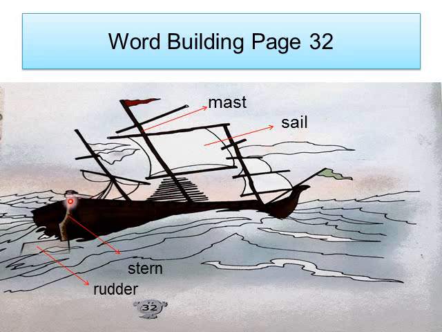Then this part of the boat where I am moving my cursor, can you see a red dot moving up and down? That part is called stern.